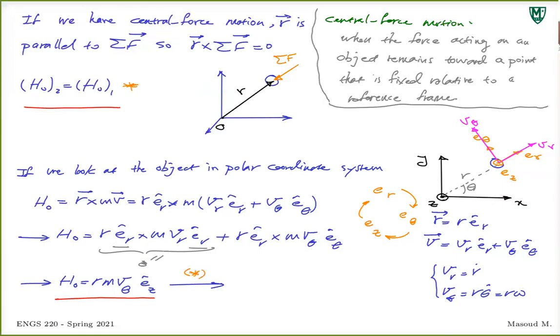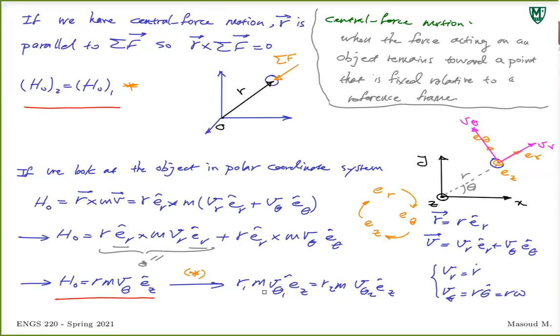So from there, you get R1 M1 V theta 1 EZ is equal to R2 M2 V theta 2 EZ. Well, you can get rid of, well, not M1 and M2.